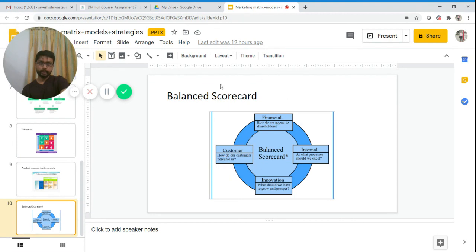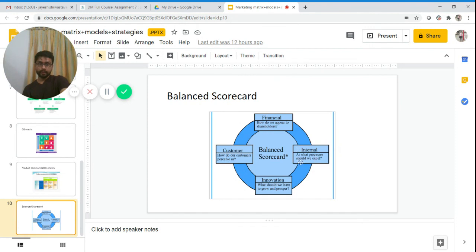One more thing. Yes, this is the balanced scorecard, which I think management graduates should know. It is about four basic aspects: financial, customer, innovation, and internal aspects. Under financial, we tend to analyze our strategies on the financial domain, as in how shareholders perceive a firm.